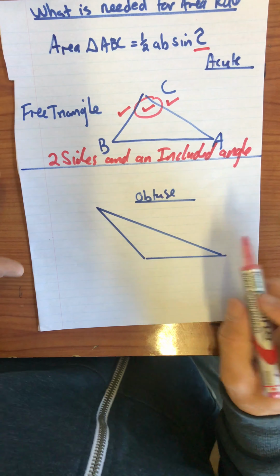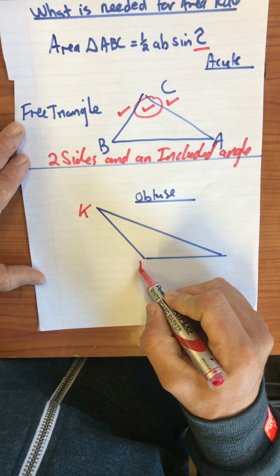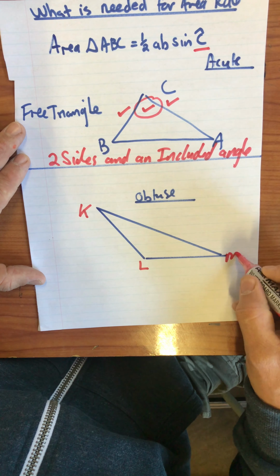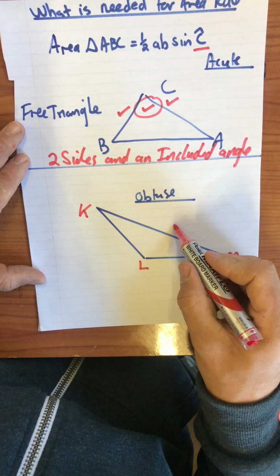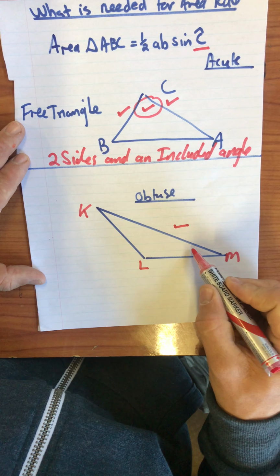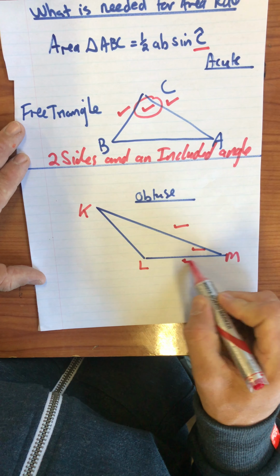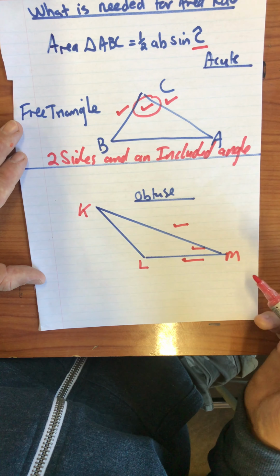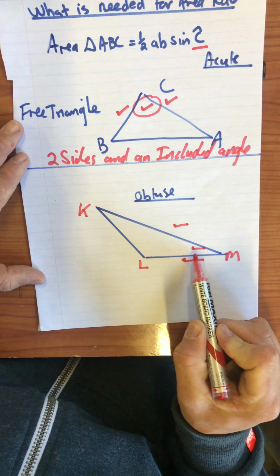Let's have a look at an obtuse case. Let's give some letters. Let's call this K, L, and M. So grade 11s, if I gave you this side, this angle, and that side, what would be given here? We would be given two sides and an included angle.